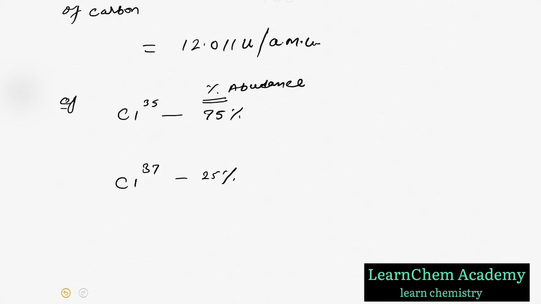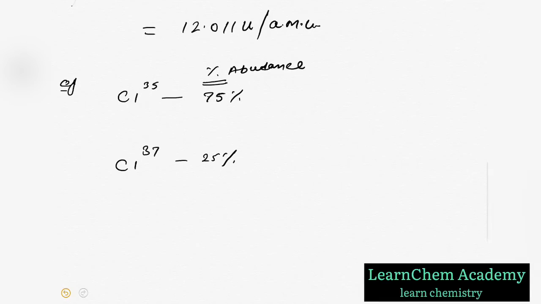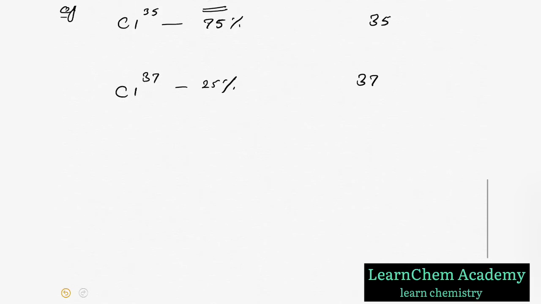Okay, so we can calculate the average atomic mass using their atomic masses. We can write here 35, here 37.